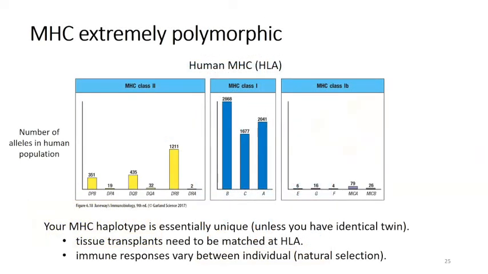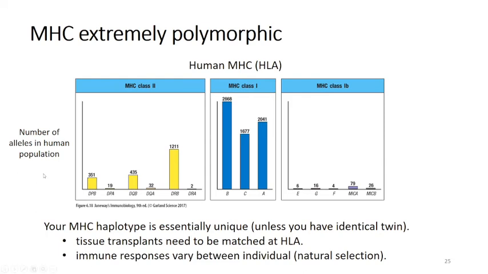These MHC molecules cope with pathogen evolution using a slightly different method, and they resorted to using polymorphism, a variety of different alleles.